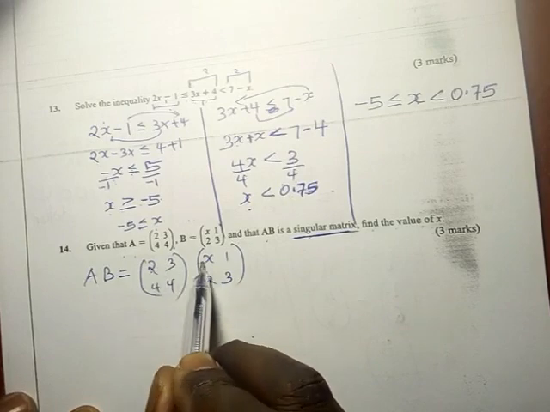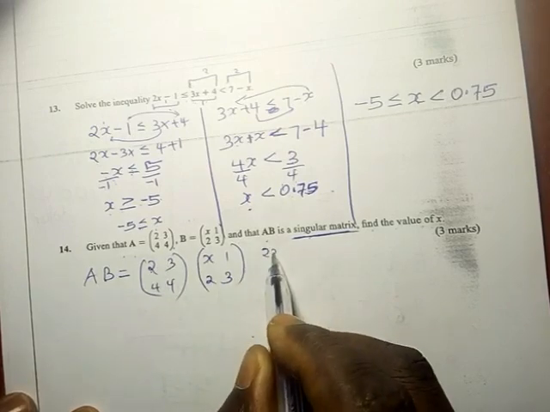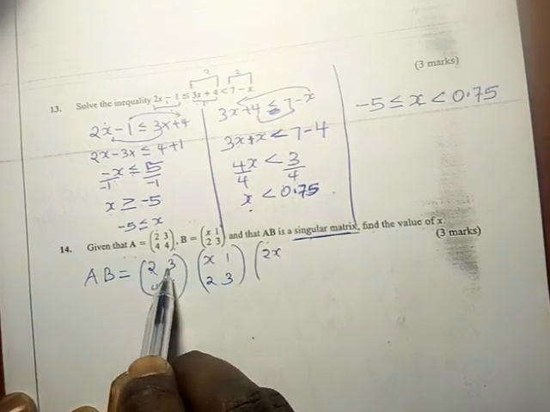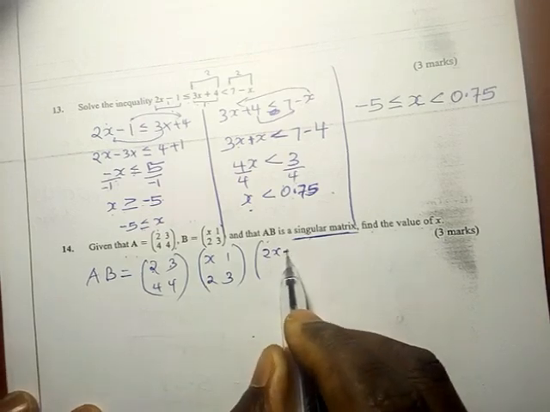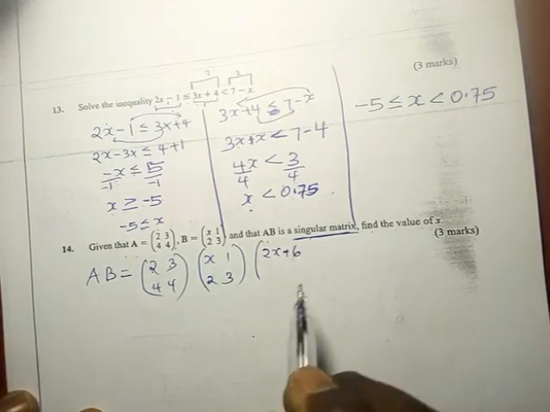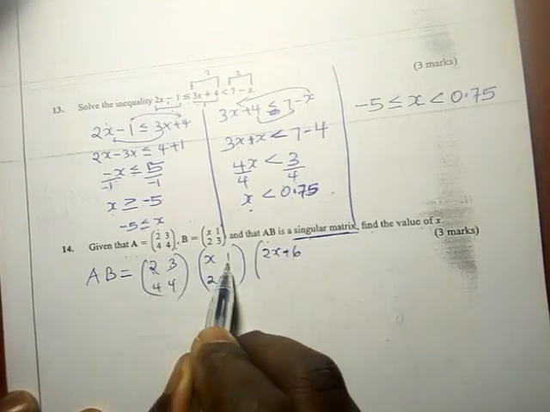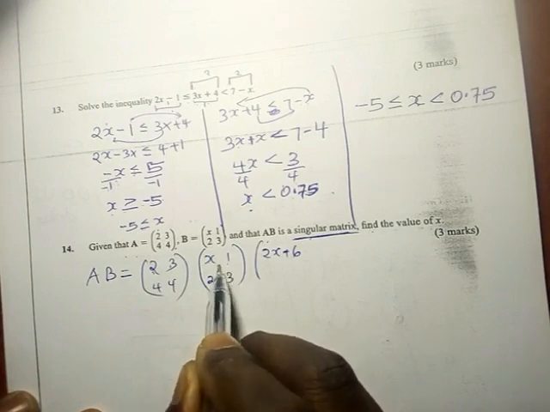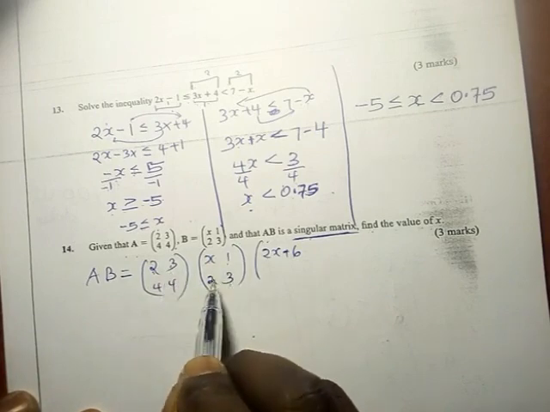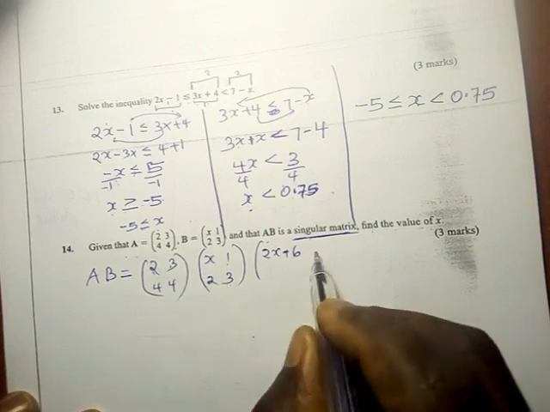So 2 times x, 2x. 3 times this plus 6. So 2 times 1, that is 2. 3 times that is 9. So 2 plus this one is going to be 11.